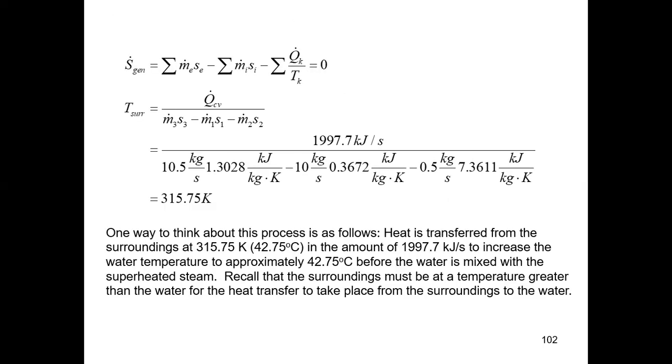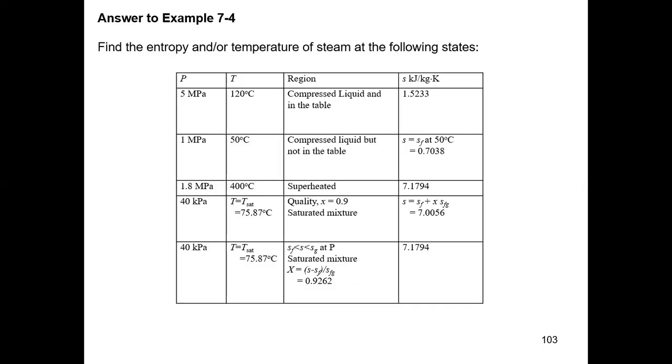Heat is transferred from the surroundings at 315.75 Kelvin in the amount of 1997.7 kilojoules per second to increase the water temperature to approximately 42.75 degrees Celsius before the water is mixed with the superheated steam. Recall that the surroundings must be at a temperature greater than the water for heat transfer to take place from the surroundings to the water. And this is the final table.